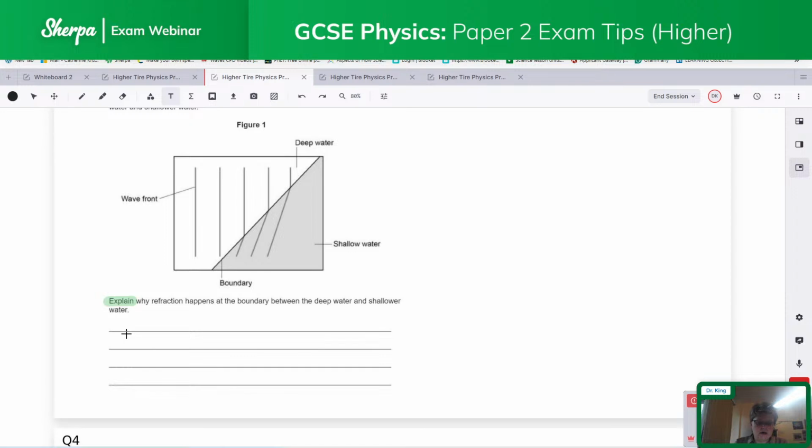From optics and the behavior of waves, we know that velocity, or speed, is slower in shallow water. That's the first statement: the speed in shallow water is slower.